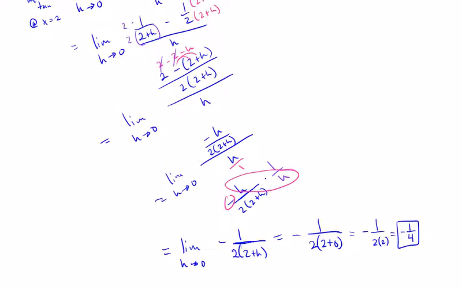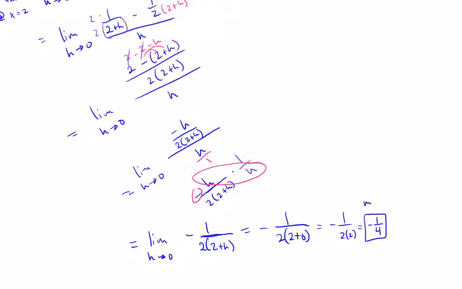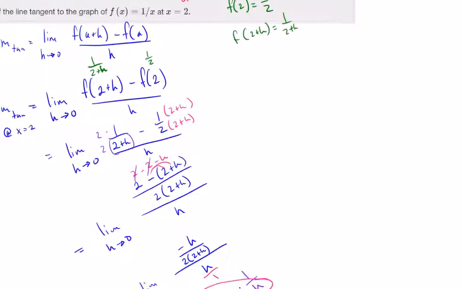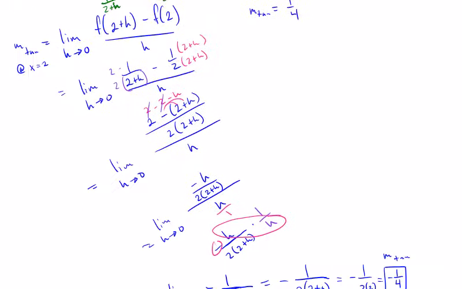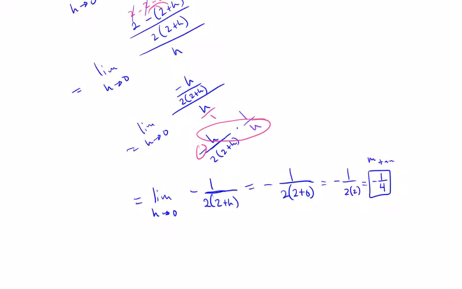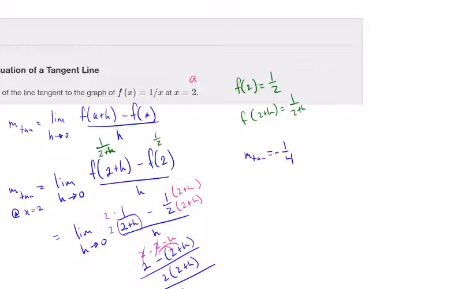So that's the slope of our tangent line. So now if we want to find the equation of the tangent line, we know the slope is 1/4, and I forgot the negative, didn't I? Yeah, negative 1/4.